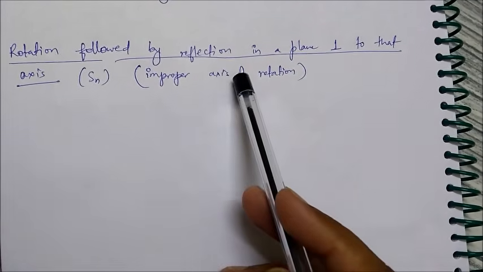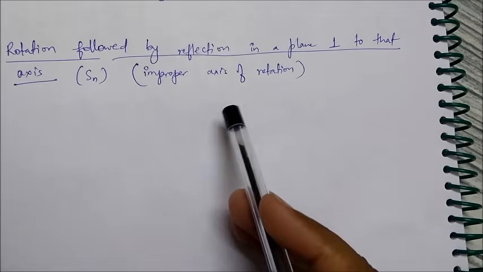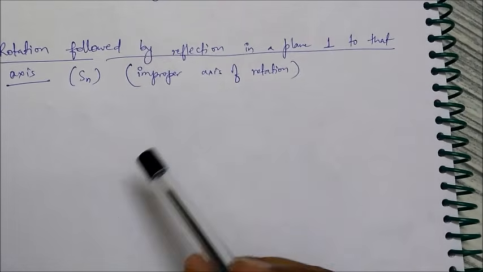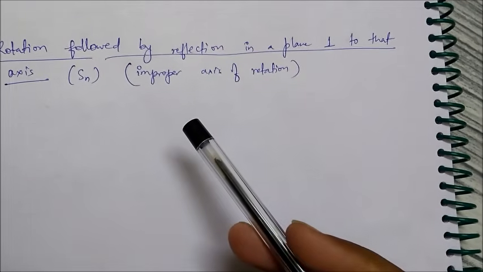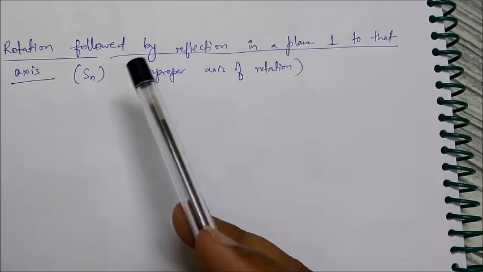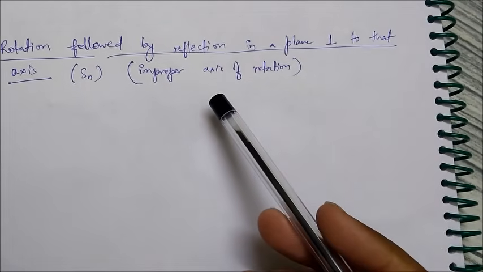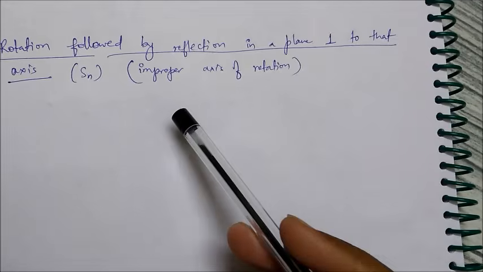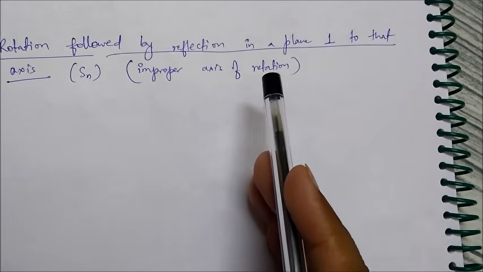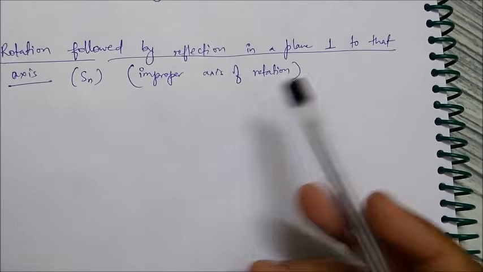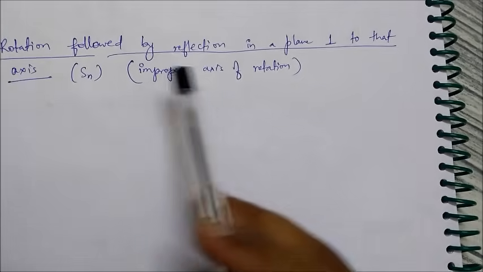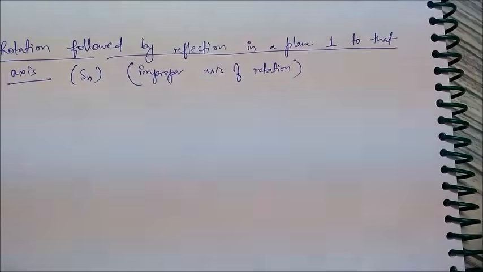If after rotation you get the previous configuration, that means it has an axis of rotation, Cn, which we have already studied. But if after rotation the molecule is not in the previous configuration, and you apply a plane perpendicular to the axis on which you rotated and then get the previous configuration, then it is called an improper axis of rotation, Sn. I will give you an example.